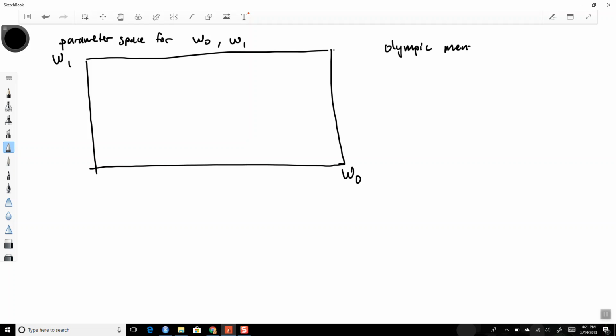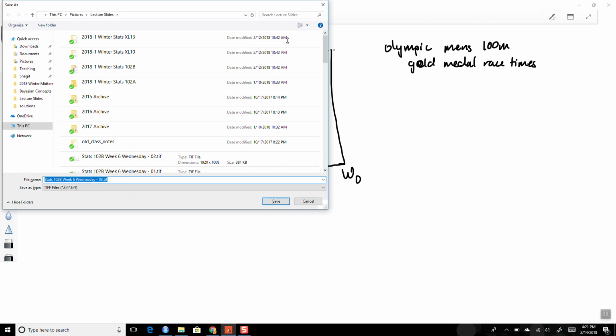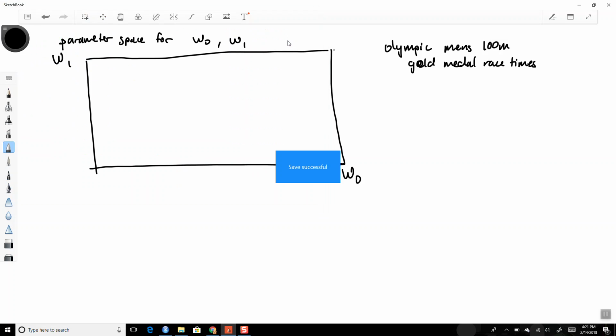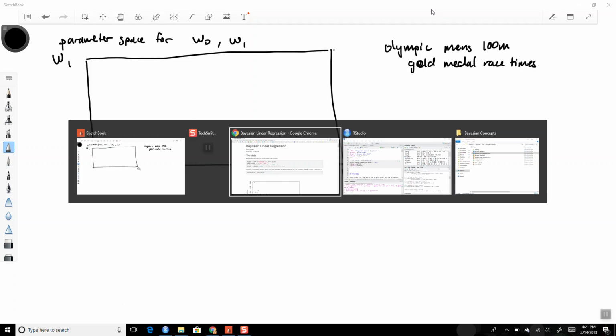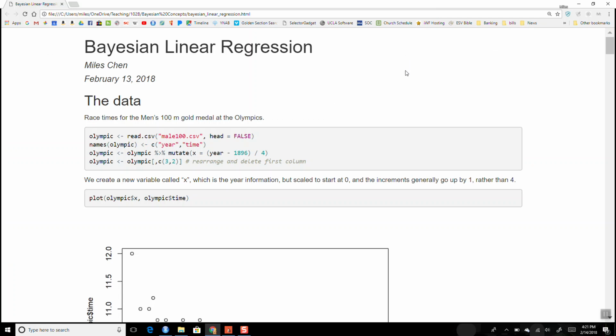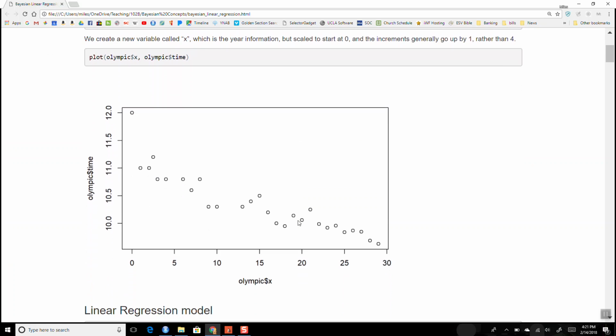What we're going to do is look at the Olympic men's 100-meter gold medal time data. Technically, we should create our priors before looking at our data, but we'll just take a peek at our data.